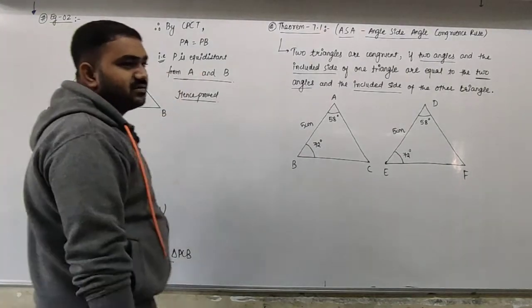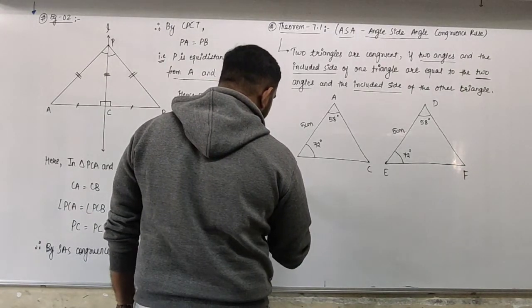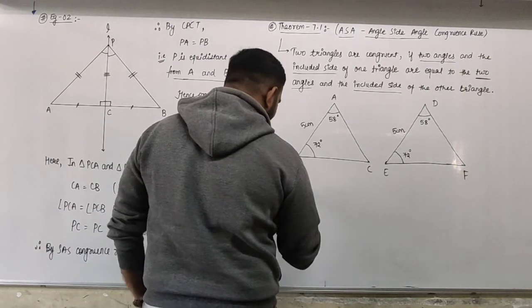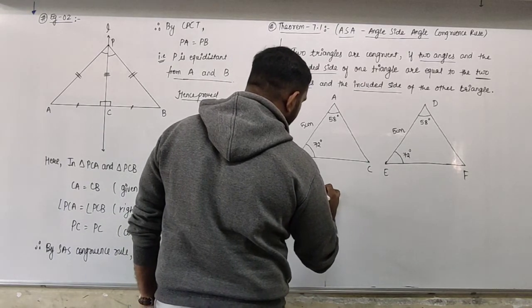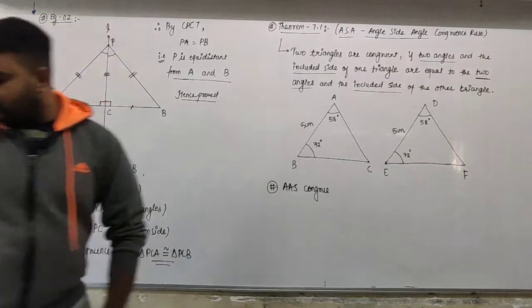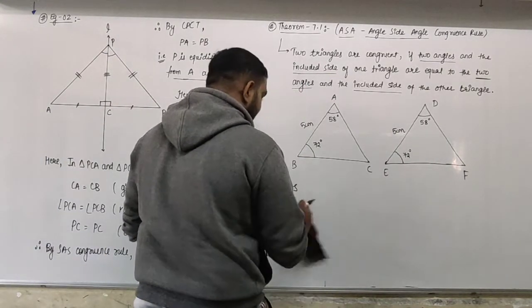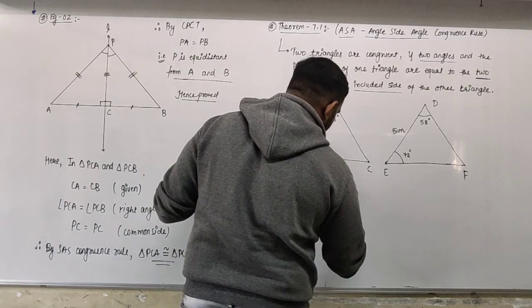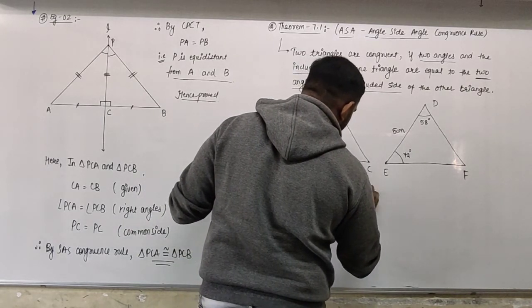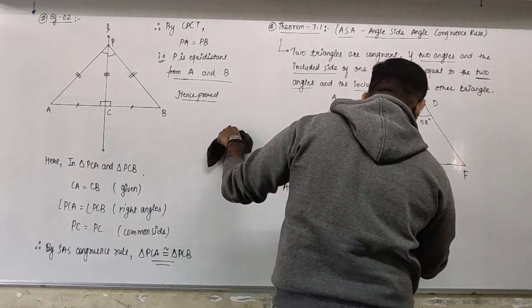Based on this ASA congruence rule, we are having one more congruence rule, that is the AAS congruence rule. AAS means angle angle side congruence rule.